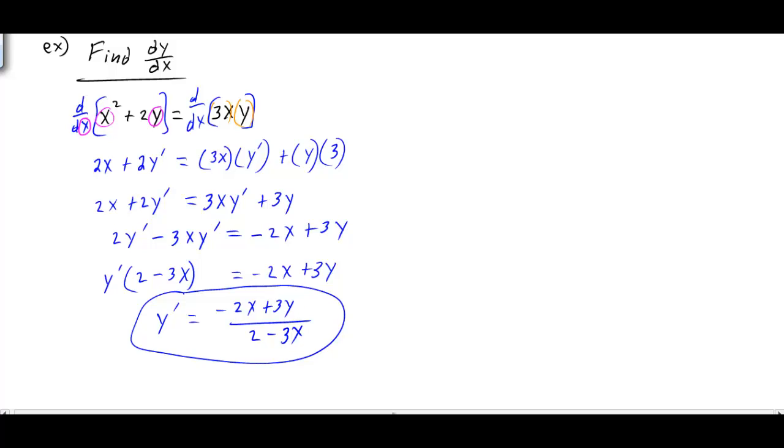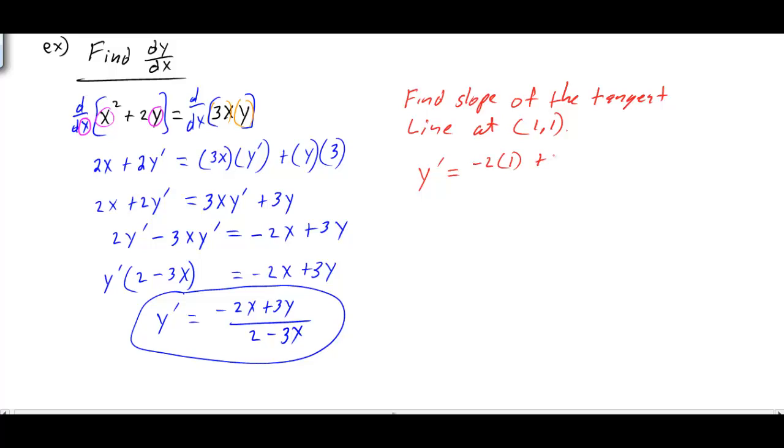So for example, if I said we want to find the slope of the tangent line at, let's say, the point 1, 1. Well, we would actually have to plug our x and y value in, and we could find the slope. So we'd have negative 2 times 1 plus 3 times 1 over 2 minus 3 times 1.